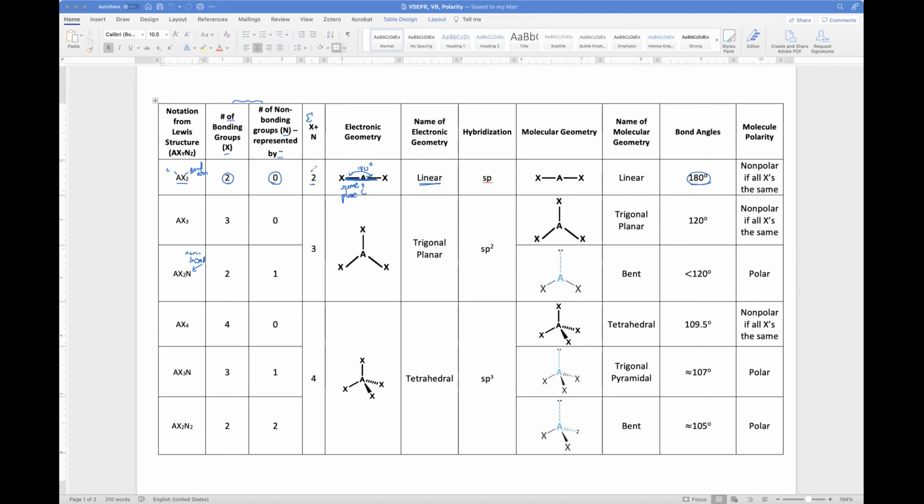Now, this number of X and N also helps you determine the hybridization, because if you have one S and one P and you add those together, that equals 2, which is always going to be the same number as over here.